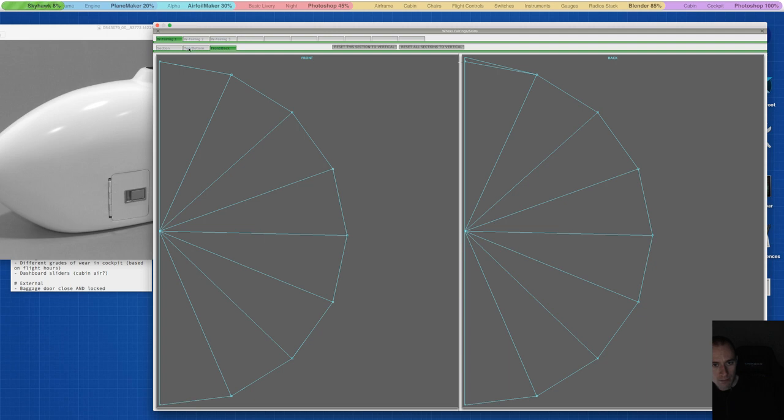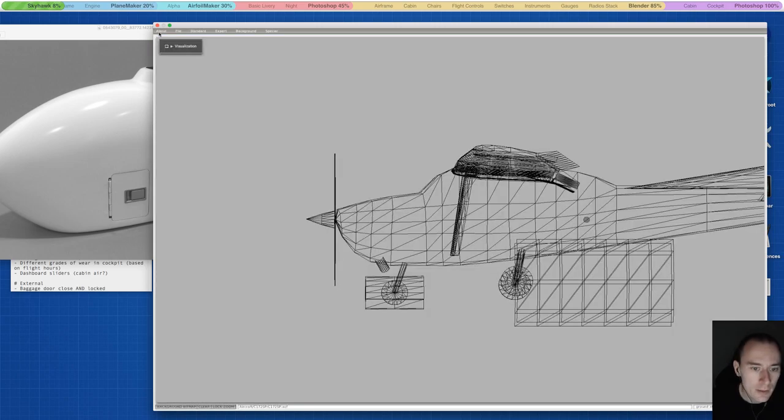Perhaps it's better. No, it doesn't really matter. Well, something like this. And let's put them all here. And that's the back one. Doesn't really matter. It looks ugly.